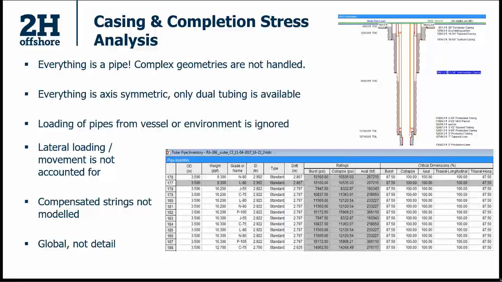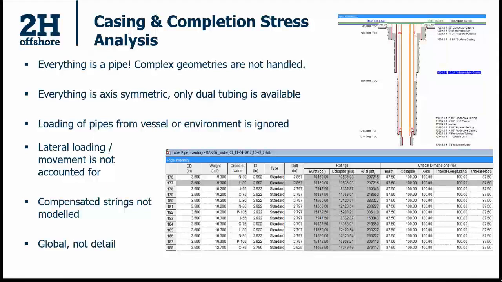That's a picture there of the pipe inventory, and nearly all of the items that you're expected or capable of modeling is a pipe of some description. Everything is axis symmetric. Wellcat in particular does allow dual tubing, but apart from that, all of the strings are axis symmetric, so no lateral deviation.